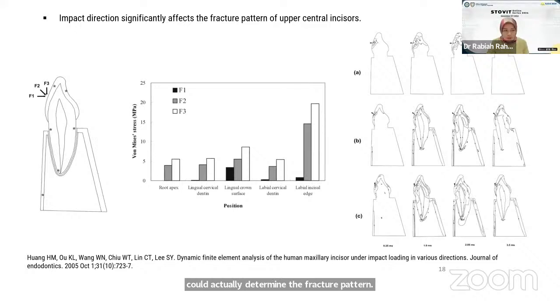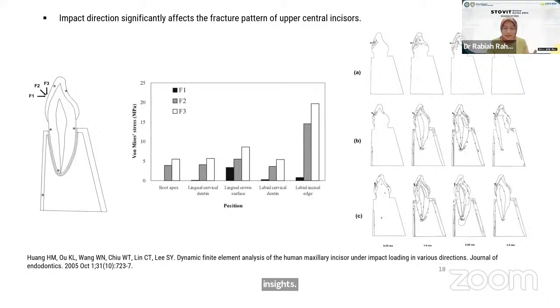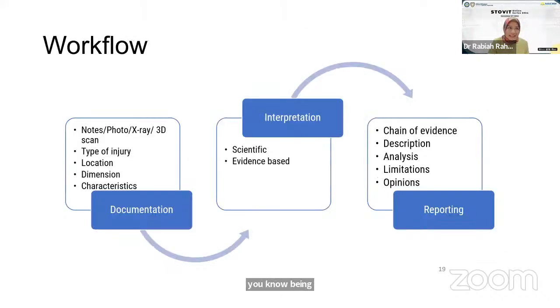When we did all these cases, it gave us insights and opened up our eyes that there is so much research that still needs to be done in order to help the practitioners and clinicians out there to perform their duty. So that's the beauty of being in this university setting.